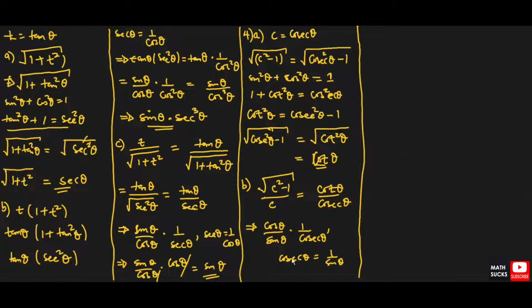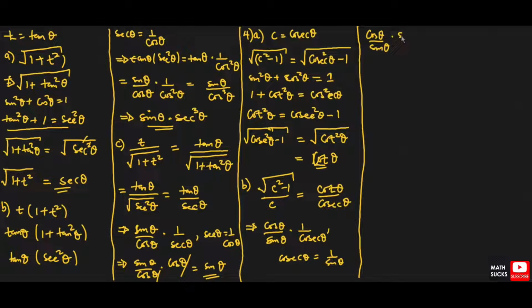So if this is true, then we can substitute here, and so we have cos of theta over sine of theta multiplied by the reciprocal of cosec. 1 over cosec is the same as sine.